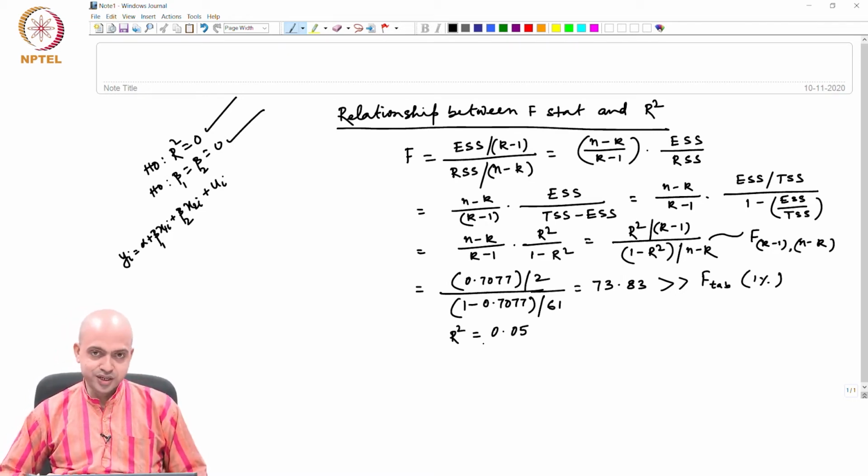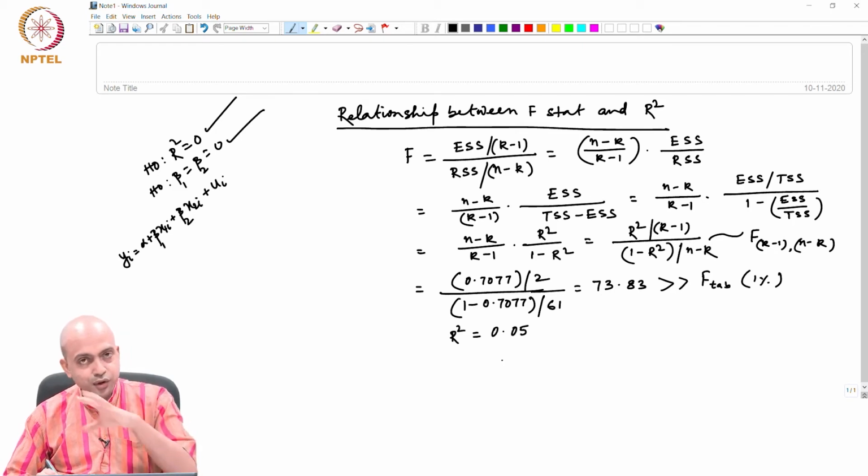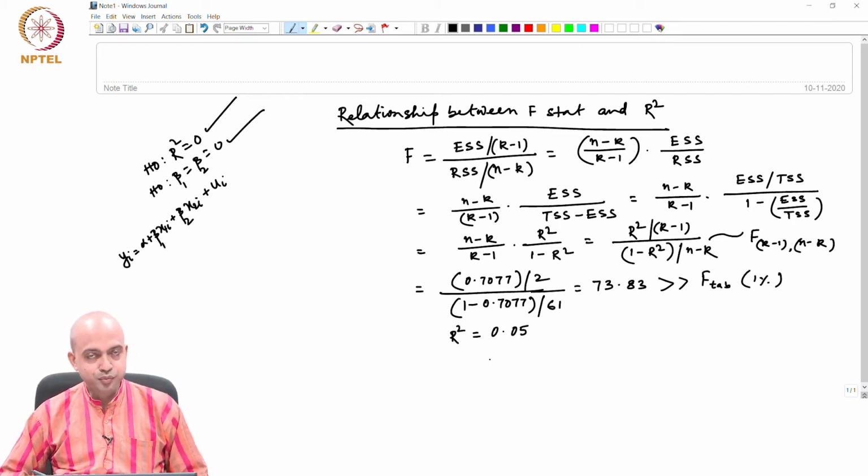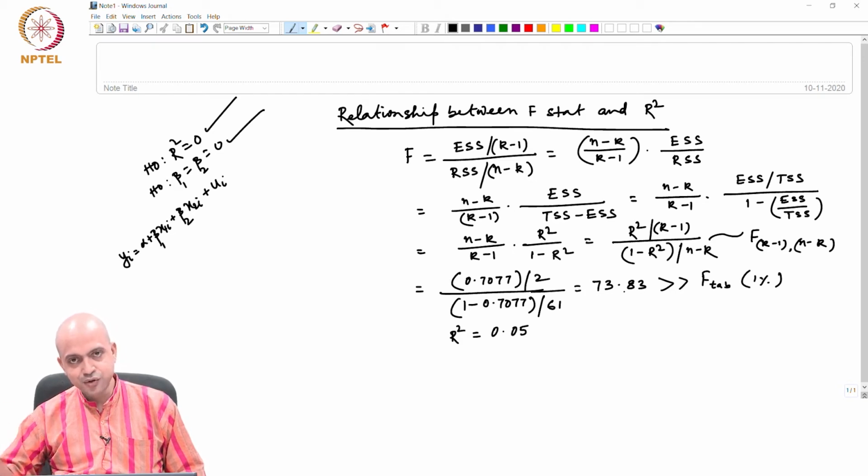Now, in that context, what you should do actually, you should try to find out the statistical significance of R square, because this R square you got out of only one sample from the n number of possibilities from the given population. So, if you put the R square value in this F expression, you can get one F statistic, and then you can compare it with the tabulated value and say, even if the R square value is 0.05, mathematically it is statistically still significant.